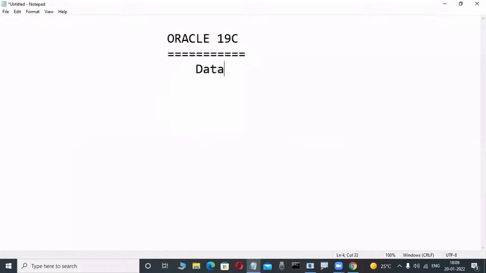Database. Don't write anything, just observe here. But what is the purpose of these database products? Whenever we install these database products in our system or at the company side, what is the main purpose? For storing data permanently in secondary storage devices.